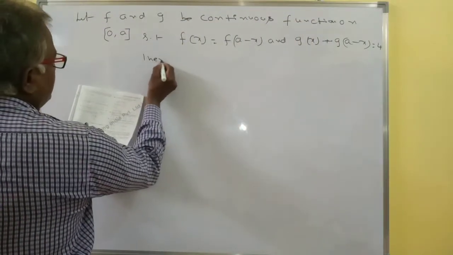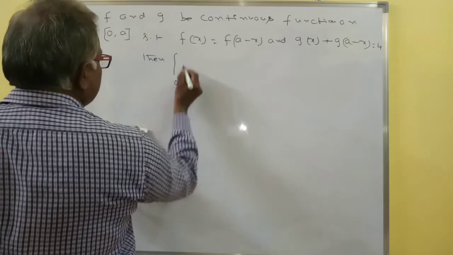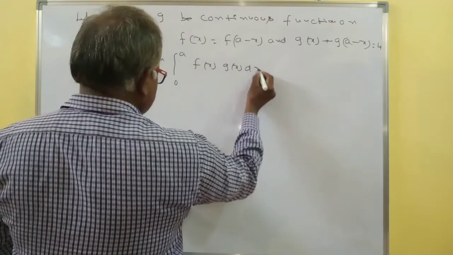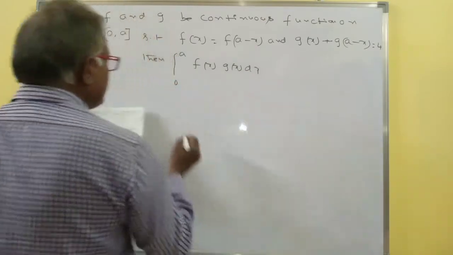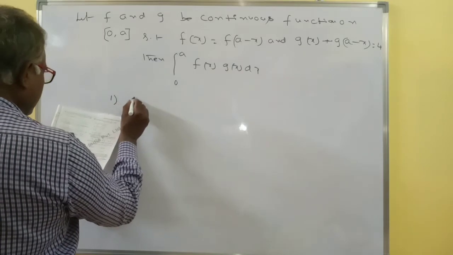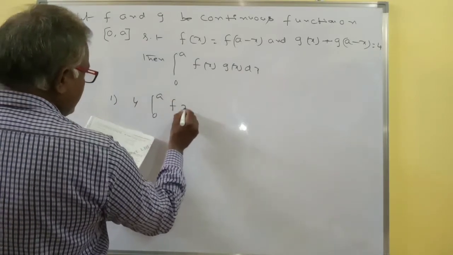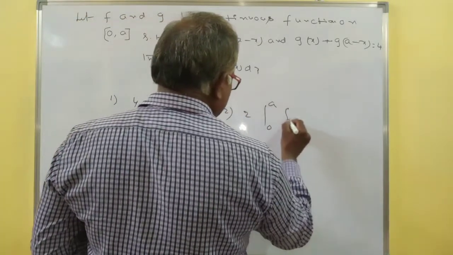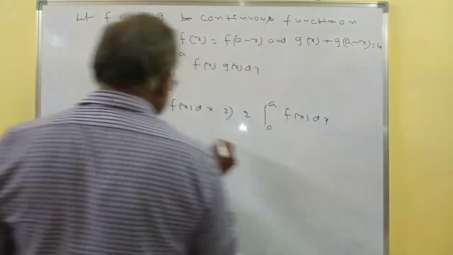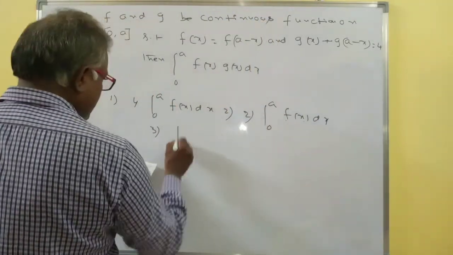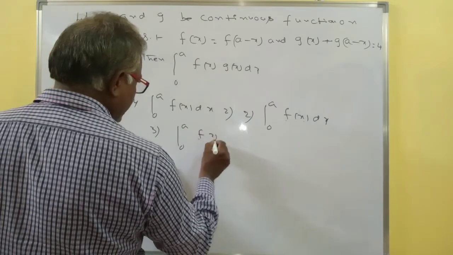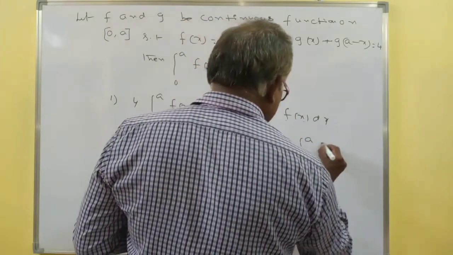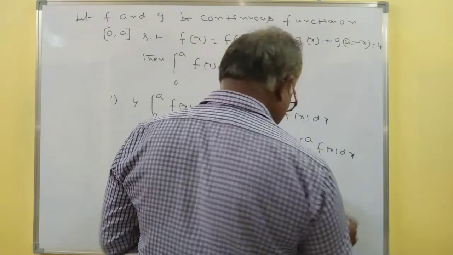Then integral 0 to a f of x g of x dx is equal to: option 1, 4 into integral 0 to a f of x dx; option 2, 2 into integral 0 to a f of x dx; option 3, integral 0 to a f of x dx; option 4, minus 3 into integral 0 to a f of x dx.